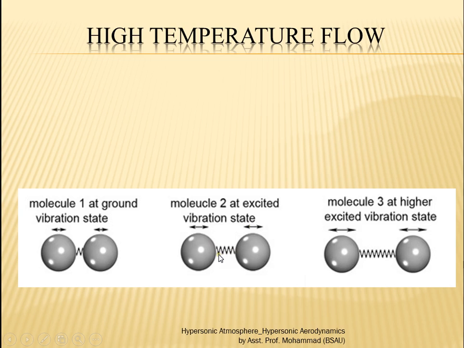They start getting excited, and this excitation happens at almost 800 Kelvin. They start shifting away from each other, and we can say that now air is going towards ionization. It has not ionized yet, and at a very high level they start vibrating also, and then finally they move apart and become ionized.